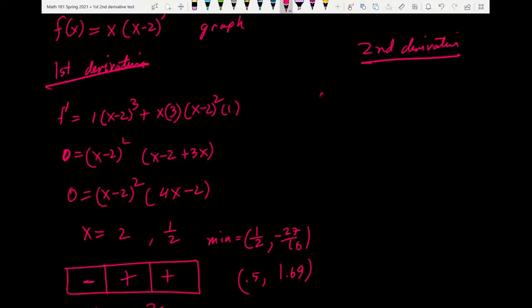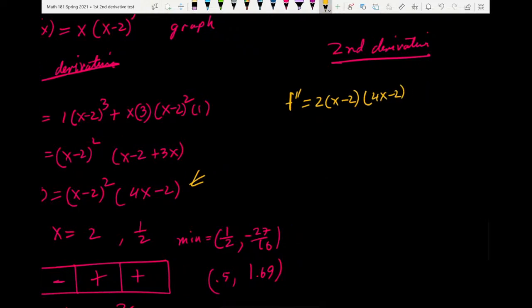Let me simplify that a little bit better to do the second derivative. (x minus 2) cubed plus, oh, what am I doing? I could just do this. So do the second derivative of that, product rule. I'm sorry, chain rule. And then we do the product rule.